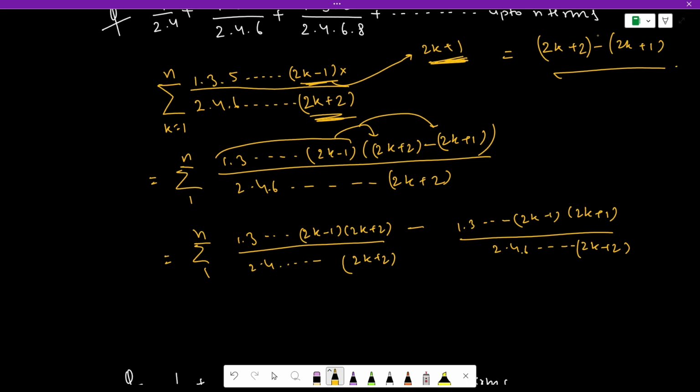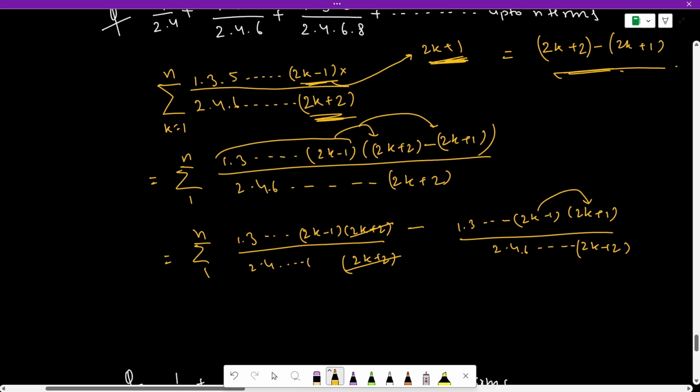Now the logic behind doing this is that if you now separate it, you can see in one term the denominator part can get cancelled in the last value, and in the other nothing gets cancelled, but in the numerator as you can see the next term is multiplied. So now if you see the previous term for this will be here dot dot dot till 2k, right?